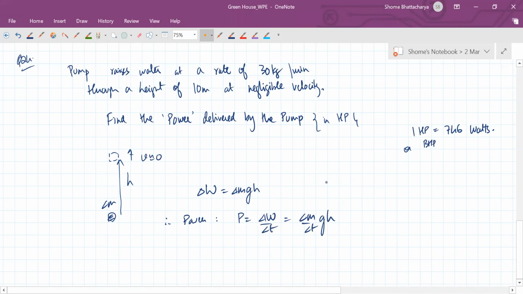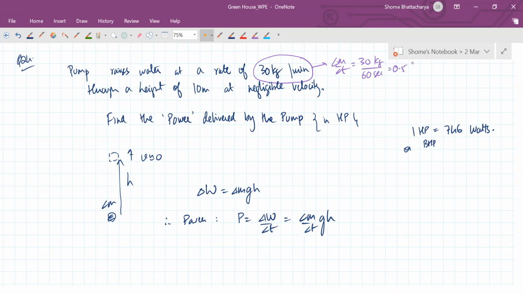So that will be this much. So this 30 kilograms per minute, this is the rate of mass per unit time, 0.5 kgs per second.